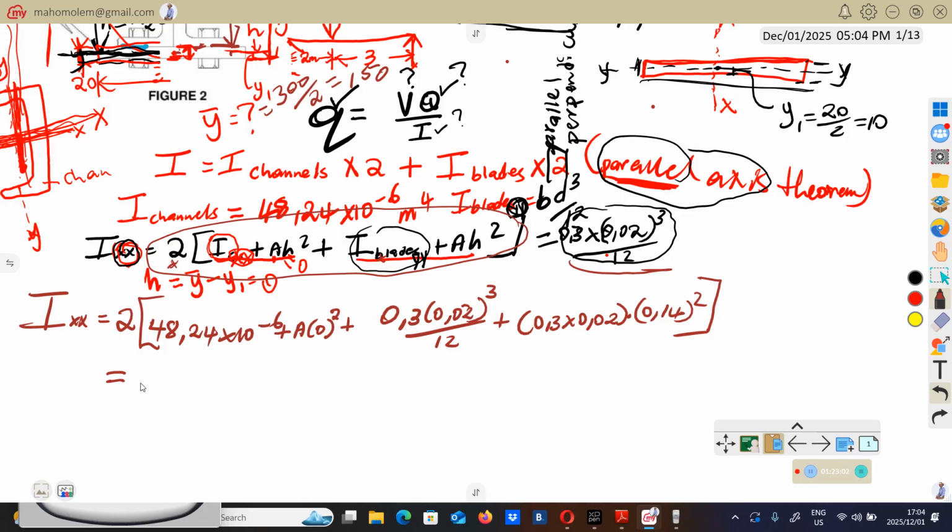Then when you calculate it there, to save time, I'll do it behind the scenes. You should get 2.08 times 10 to the power minus 6.